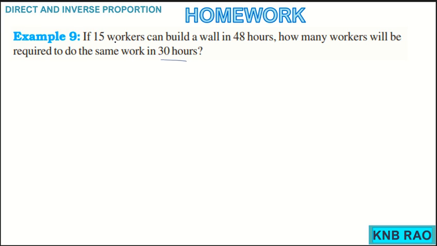Here we are given the number of workers against the time of construction. You know, more workers will complete the work in less time. So, it is a case of inverse proportion.